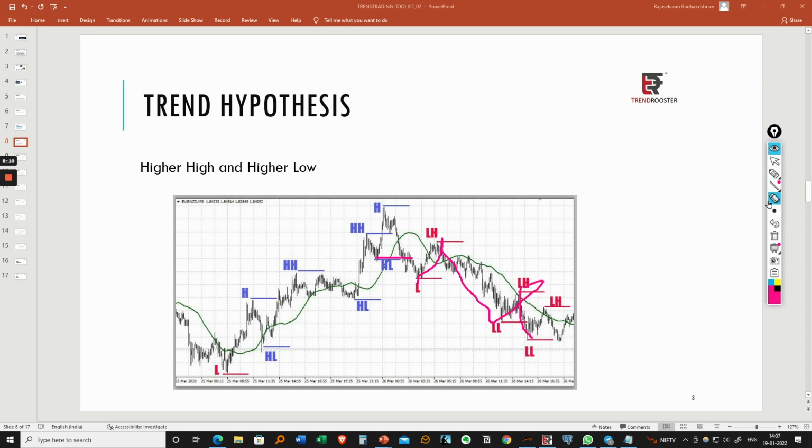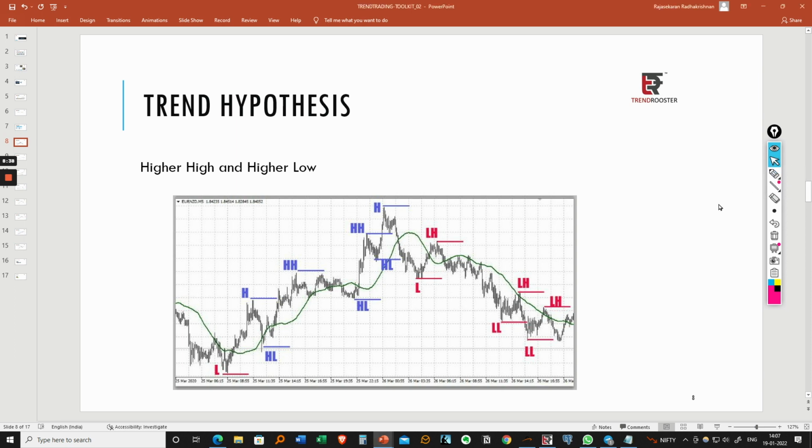Okay, this is how it works, and as I said, only after it is established will you know the trend, and then you will be trading the meat of this area. After establishing the trend, you will be figuring out and trading the meat of this area. Okay, so you will not be trading the exact top and the exact bottom of the trend. Okay, that is actually the objective of trend trading.